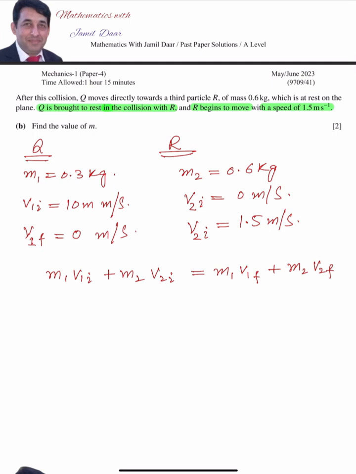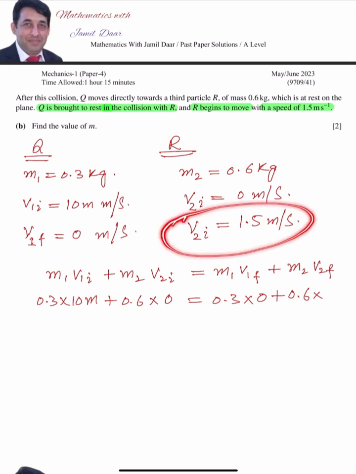M1 is 0.3 into 10m, plus M2 is 0.6 and the initial velocity of R is 0, and M1 is 0.3 and the final velocity of Q is 0, plus M2 is 0.6 and the final velocity of R is 1.5.